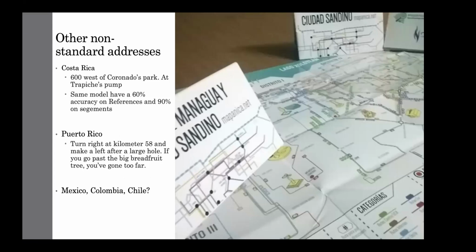And I have also heard of other countries like Mexico, Colombia, and Chile that use similar addresses. So I think in the future, this same approach can be used for those other countries with non-standard addresses.